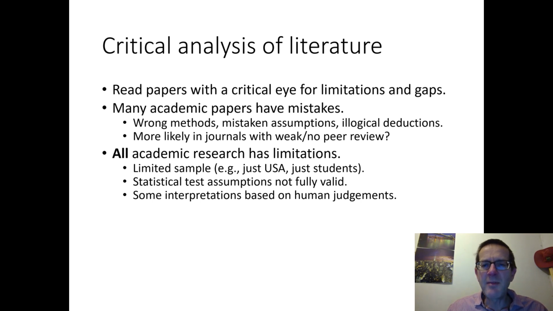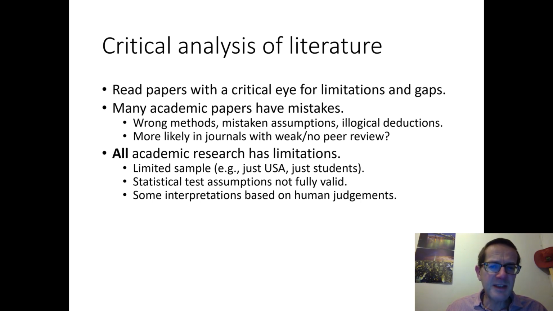So the types of limitations that are endemic to the social sciences are limited sample. For example, many papers just apply to the USA and might not tell you anything about India, for example, or just try students and won't tell you about people in other professions.